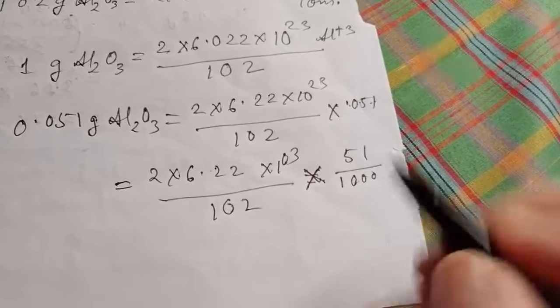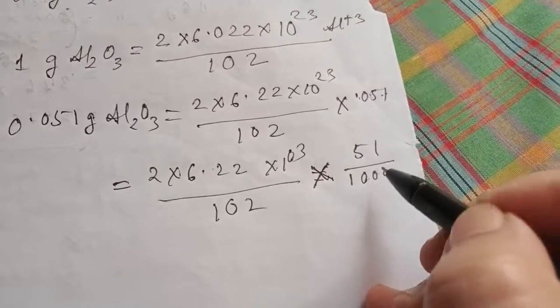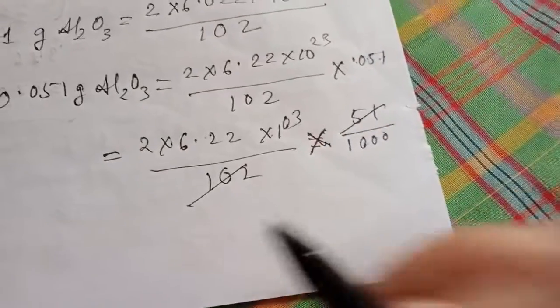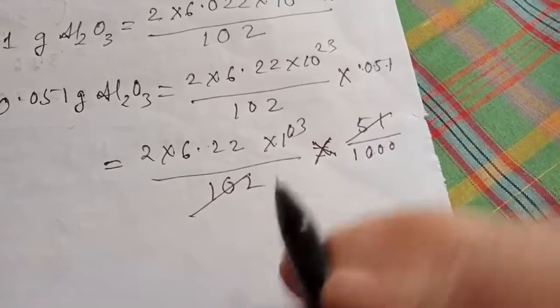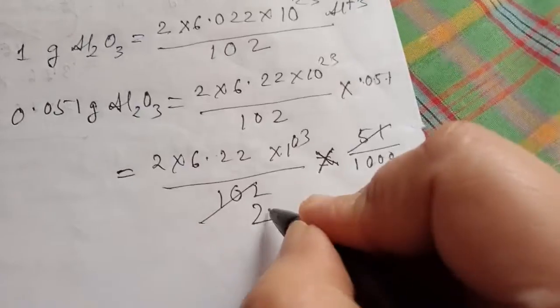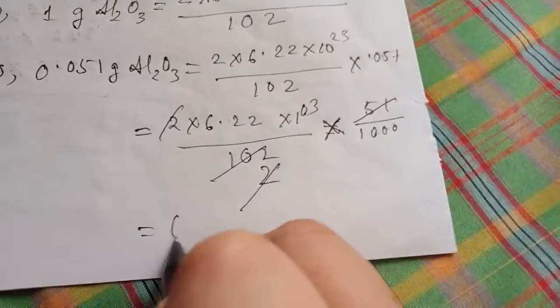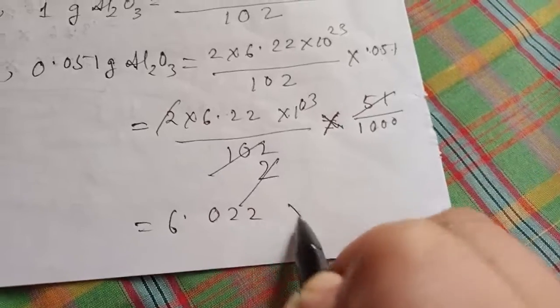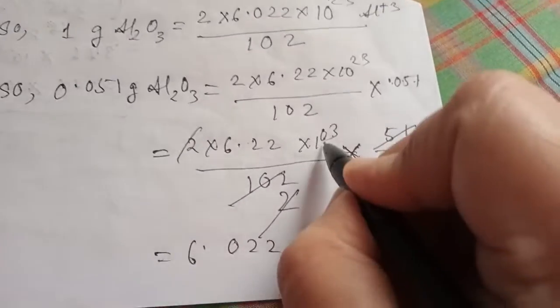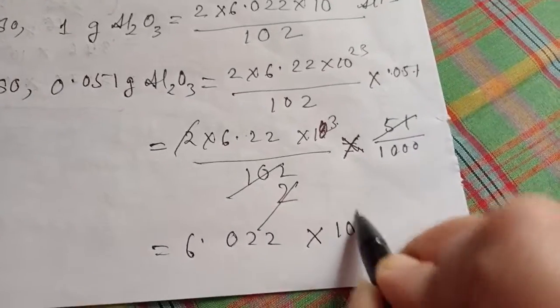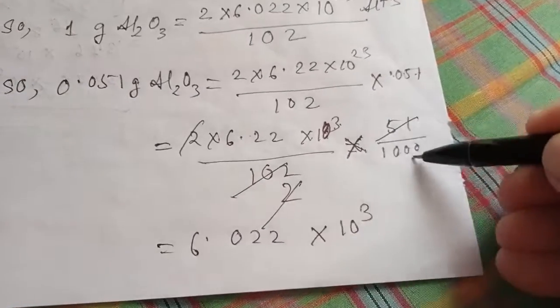How can you find it? 51 multiplied by 2 equals 102, so it comes 2 times, and we cancel the 2. What you will get is 6.022 into 10 to the power 23, and the 1000 is below.